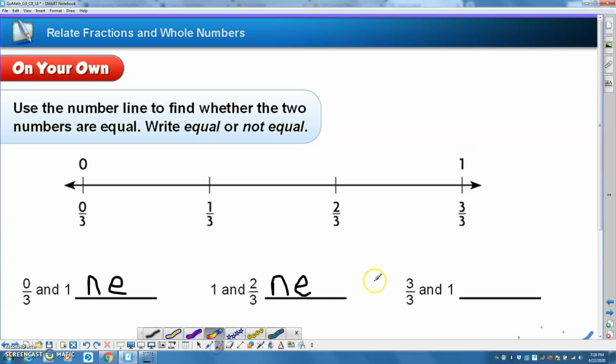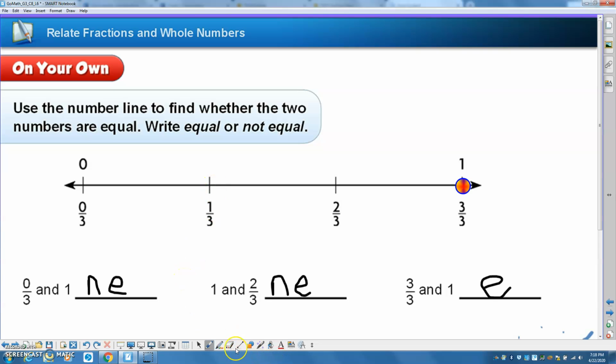So we have 3/3. Here's 3/3. And we have one whole. Here's one whole. Do they share the same point? Yes, they do. So they are equal.